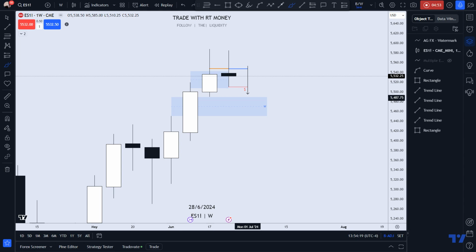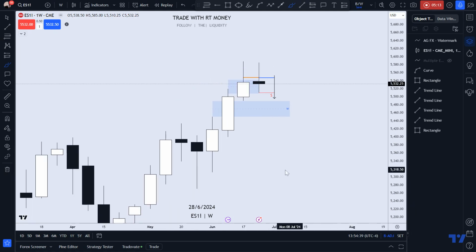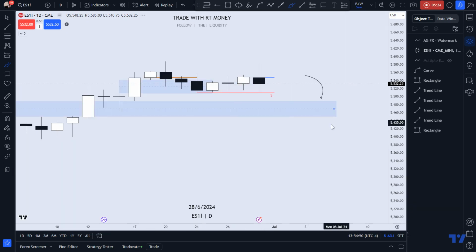Those are the times where you have high impact news, and it can turn the markets really volatile, and the markets will push right through all of your analysis, just blow them out the water. So you want to be clear about your trading, and you want to be very careful about your setups. So I'm looking for price to come back and touch that weekly before it goes higher.